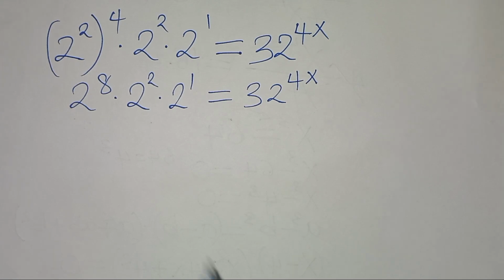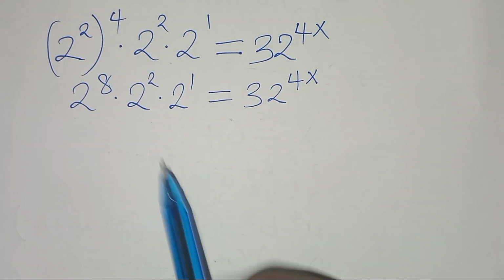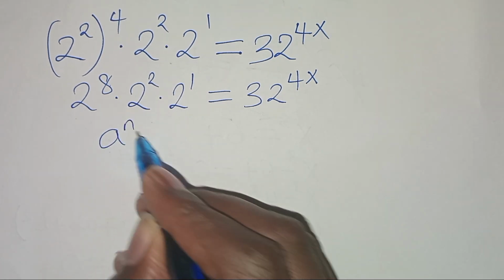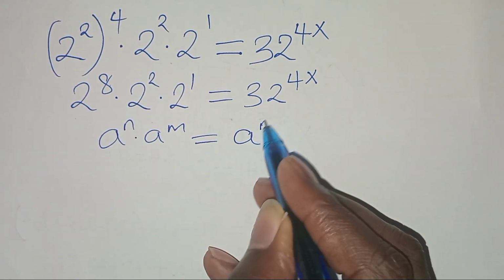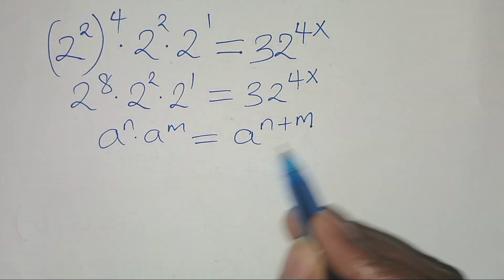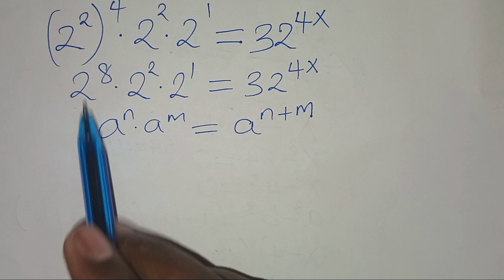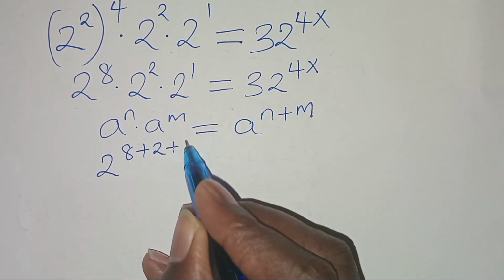The next step here, 2 to power 8 times 2 to power 2 times 2 to the power 1. This is in the form of a to the power n times a to the power m, which we can express as a to the power n plus m. Applying this indices identity, then here we'll have 2 to the power 8 plus 2 plus 1.